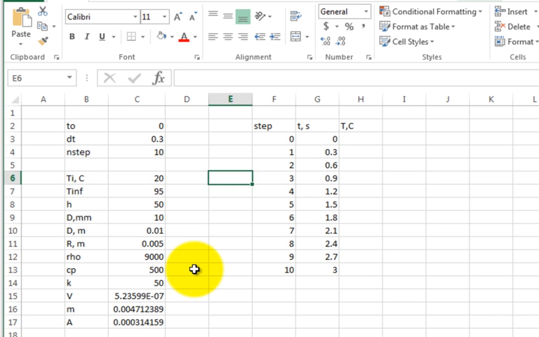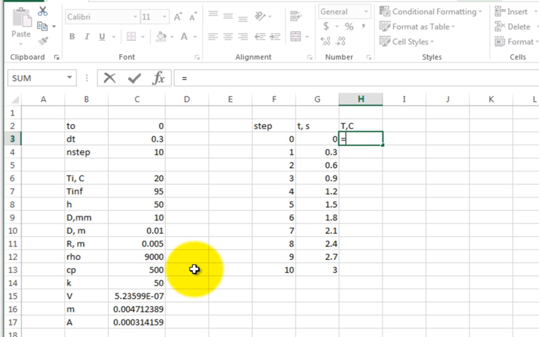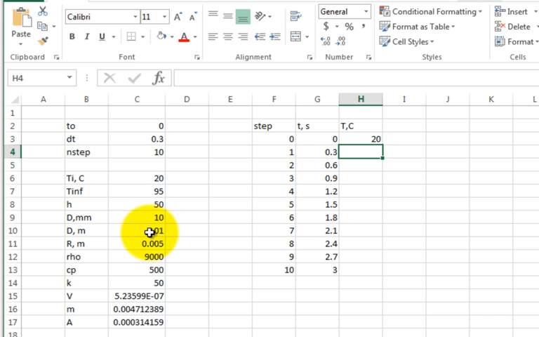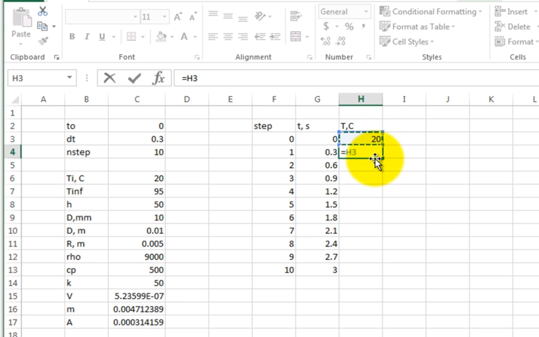I'm ready to start marching through the simulation. For the initial value, I'm just going to grab that value right there to start at 20 degrees C. And now for that first time step, what was my equation? I get the previous time step's value. I subtract my convection, H, times my area, A. Where's my area?